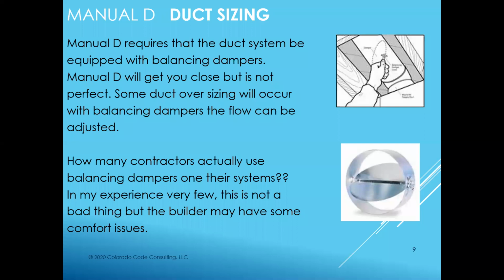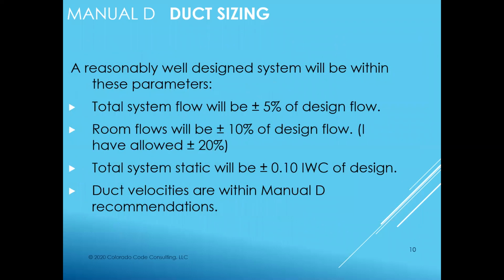So a 6-inch duct is going to carry a lot more air than a 4-inch duct, for instance, and that's how they quote-unquote balance the system. So it's not something that I require, not something the code really requires, and Manual D just makes a nice suggestion, says, you know what, it's great if you do, but we're not going to yell at you too bad if you don't. Okay. So I've got guys that do and guys that don't, either one.